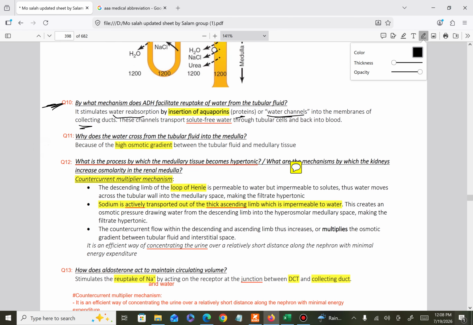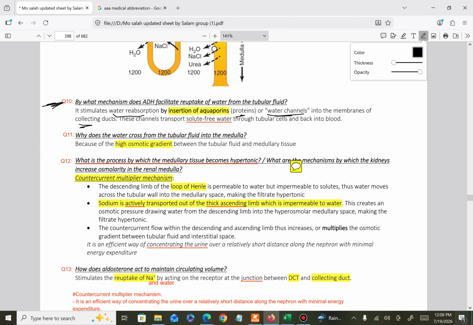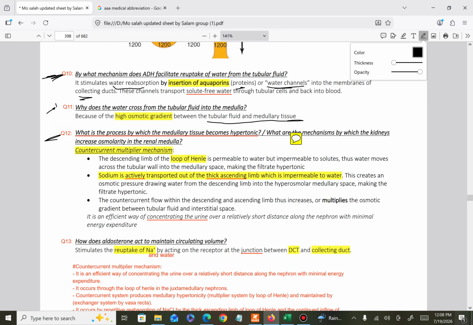Why does water cross from the tubular fluid into the medulla? Because of the high osmotic gradient between the tubular fluid and the medullary tissue. Now the next question is, what is the process by which medullary tissue becomes hypertonic? The mechanism is the counter current multiplier mechanism.